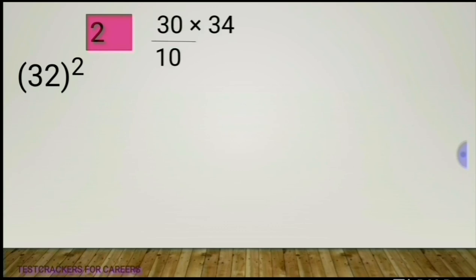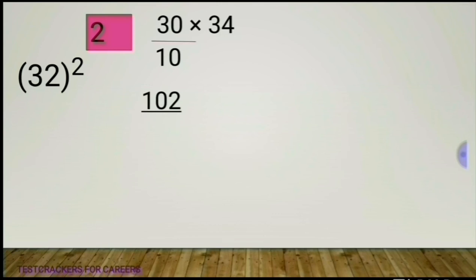Now let's find the square of 32. What is the nearest tens to 32? It is 30. And the difference between 32 and 30 is 2. So we are going to add and subtract 2 from 32. We get 30 by 34. Since the base is 10, we divide 30 by 10.